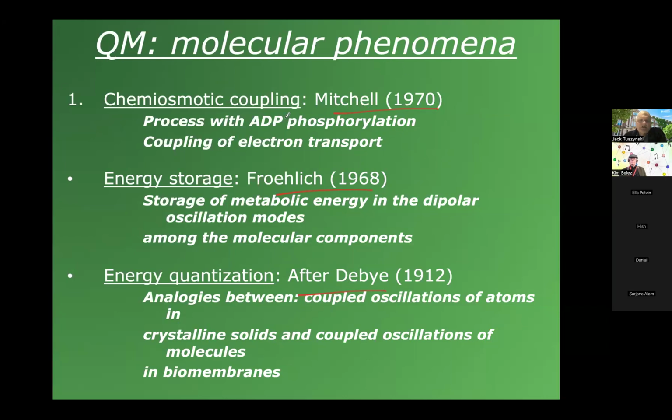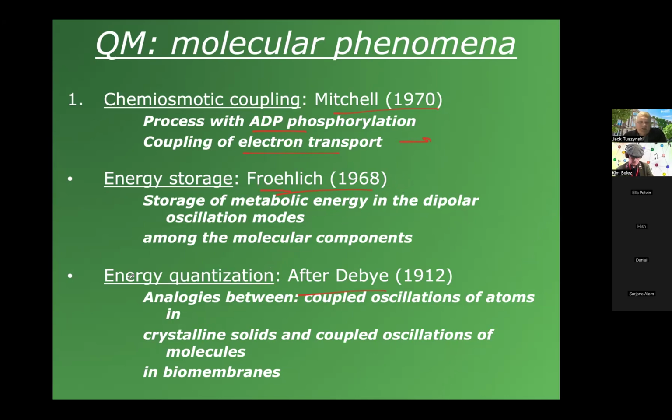I mentioned the chemiosmotic coupling of Mitchell, where ADP phosphorylation, ATP production is coupled to the electron transport, which is a quantum tunneling. The second is, I think I mentioned last time briefly, of electromagnetic oscillation causing synchronization across an organism, at least a cell.